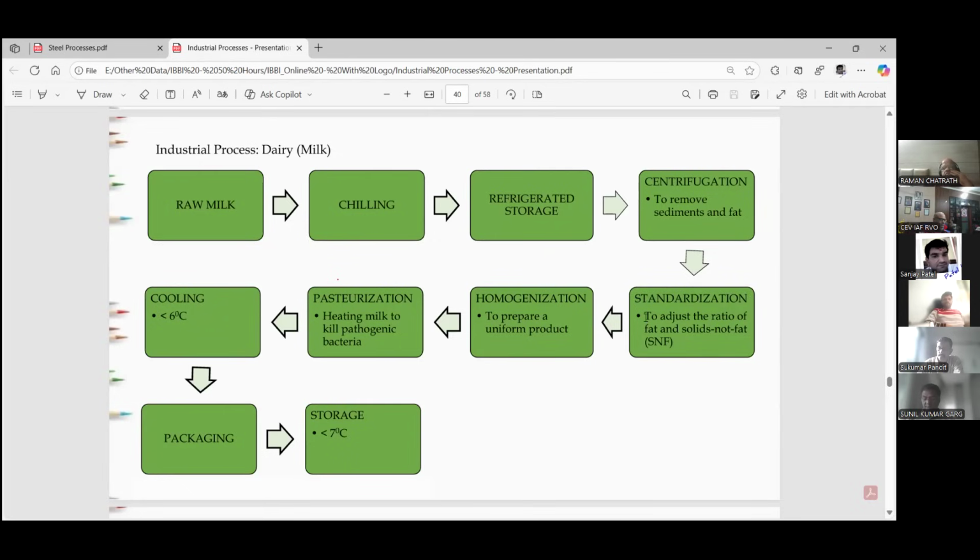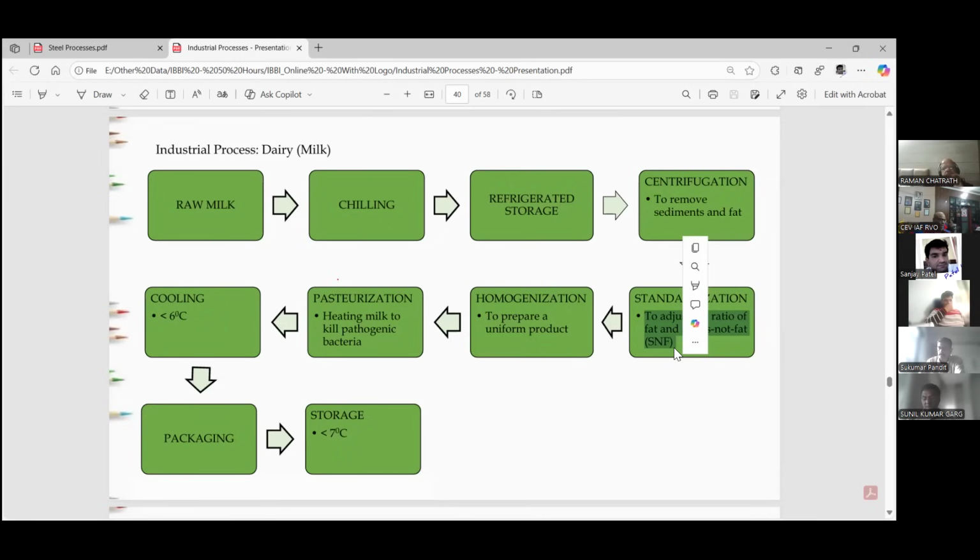Here is the adjustment of the ratio of fat and solid not fat in proper proportion. When you mix fat into the milk, it will not directly become a homogeneous mixture. Like when we boil milk at home, a layer of fat forms on top.